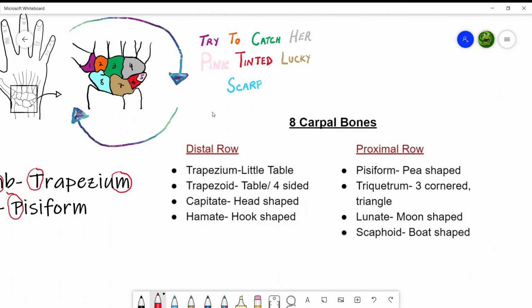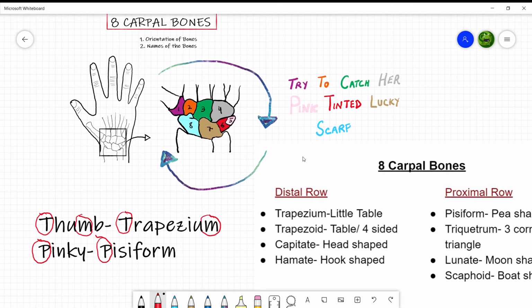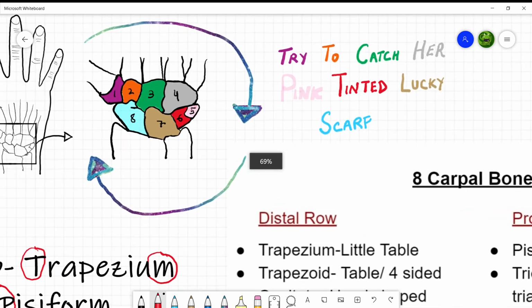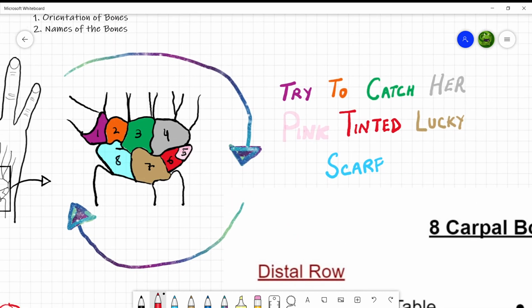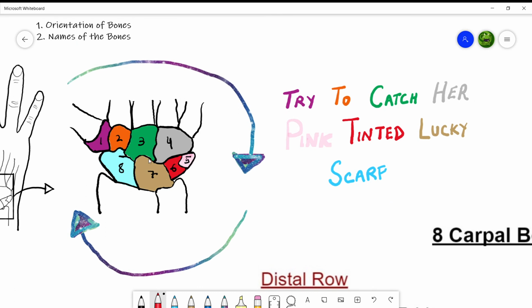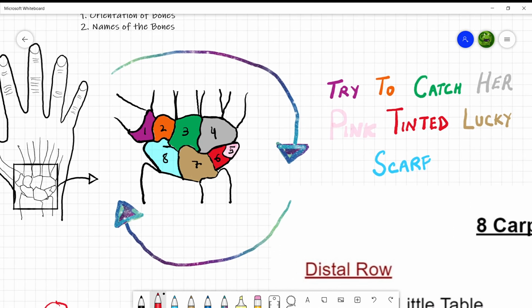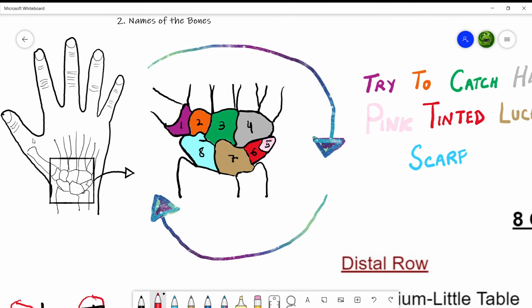So for the names of the carpal bones, there's a mnemonic: Try to catch her pink tinted lucky scarf. And for orientation, you know, T for thumb, T for trapezium, P for pinky, and P for pisiform.